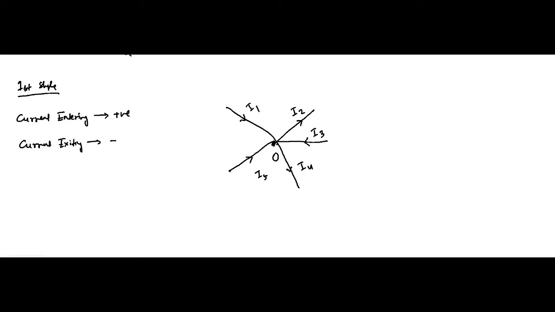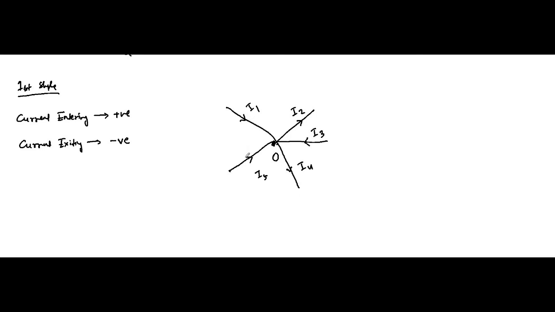As per that, the currents that are entering are I1, I5 and I3.